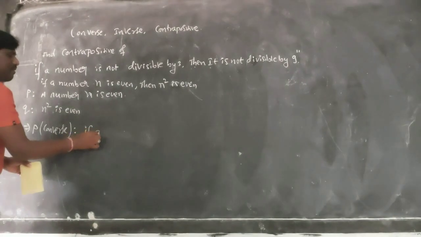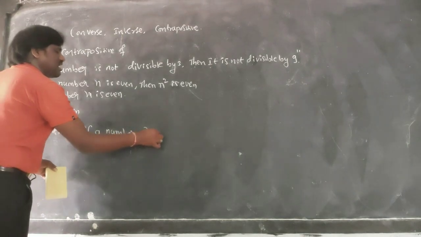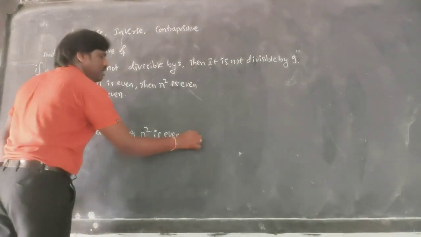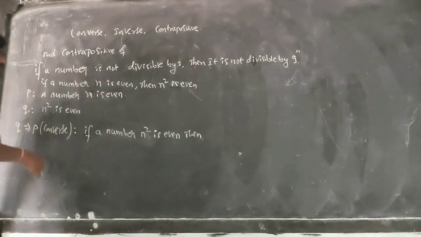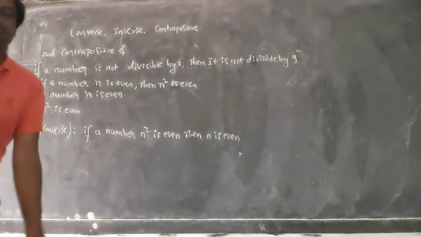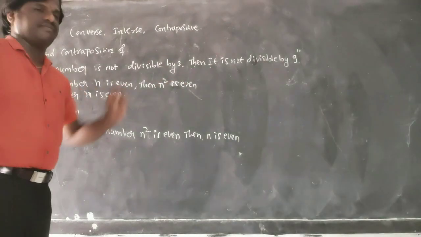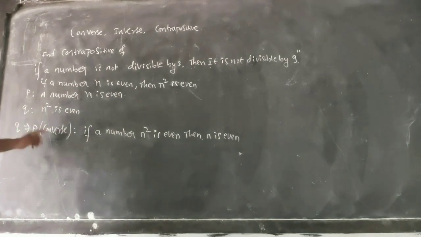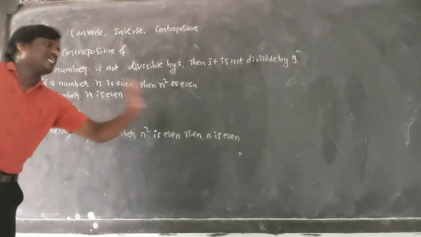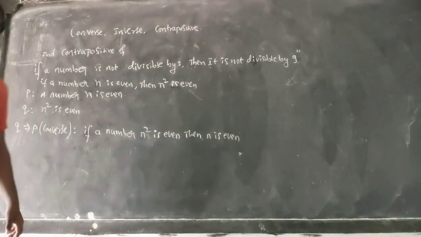If a number n square is even, then n is even. Hope you understand what I wrote. We have the statement: if a number n is even, then n square is even. Then the converse of this statement will be: if a number n square is even, then n is even. This is called the converse of the conditional statement.